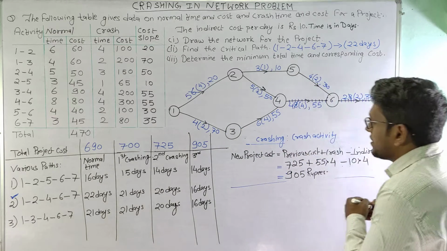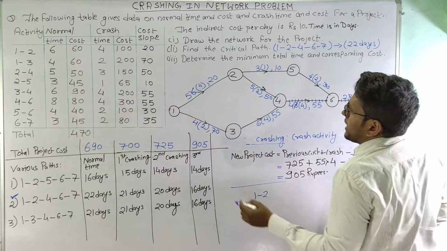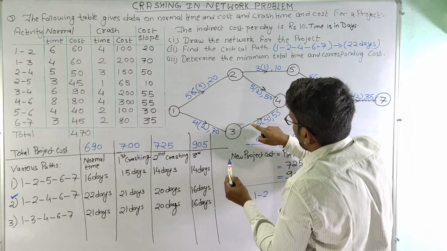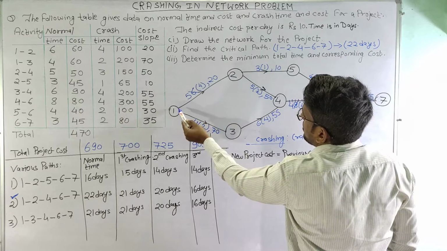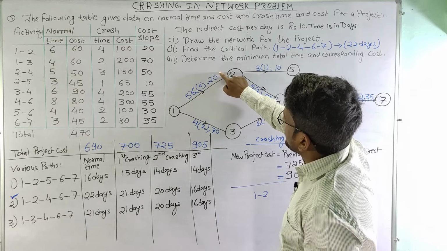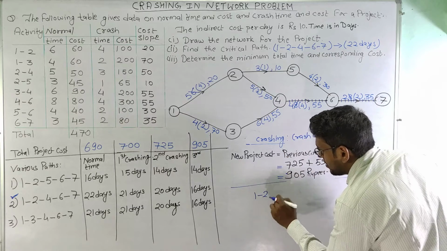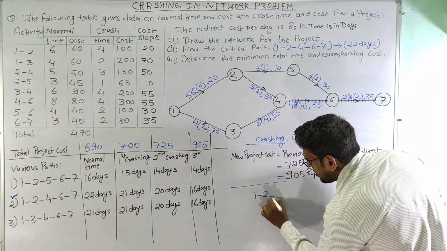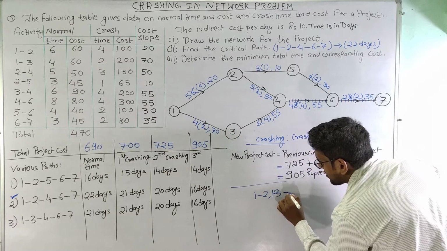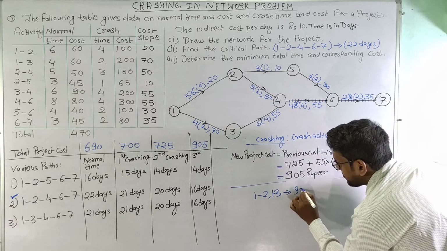So let us see if we crash activity 1-2. If we crash activity 1-2, along with this we can crash activity 1-3 and 3-4. So if we crash activity 1-2 and 1-3, then the crash cost will be 20 plus 70 is 90.